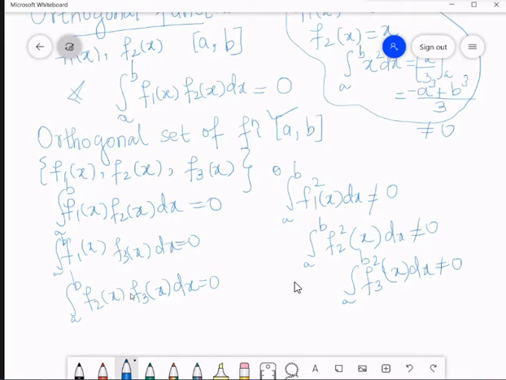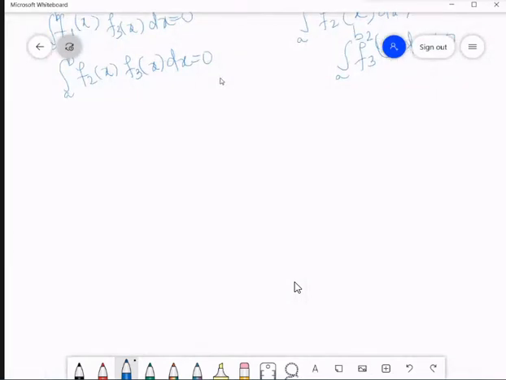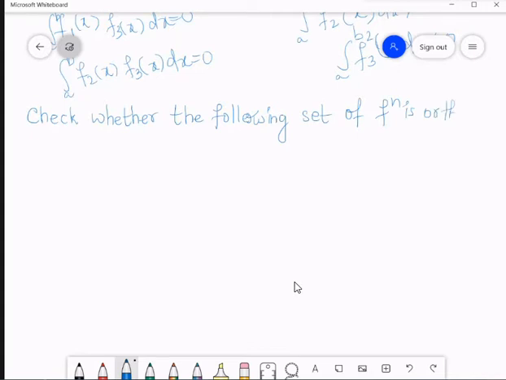Now let us work out an example here. I'll give you a set of functions. Instead of just checking for two functions, it's always better to check whether the given set is orthogonal or not. Check whether the following set of functions is orthogonal or not.